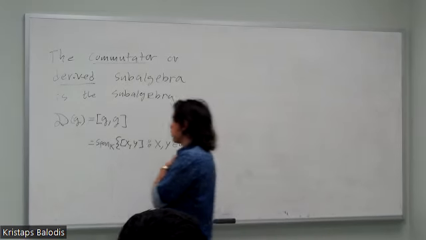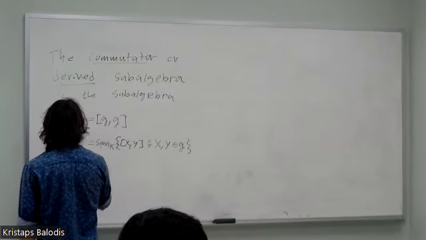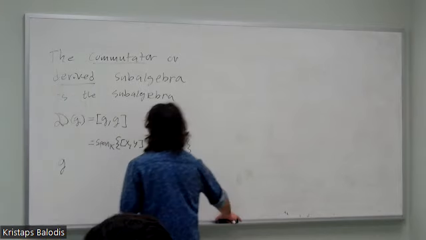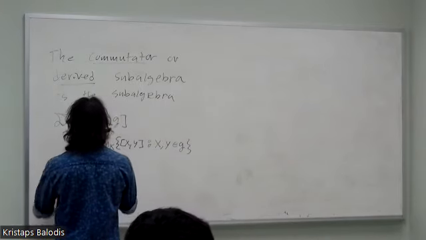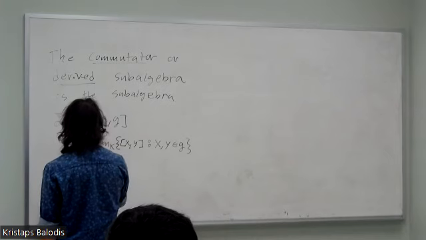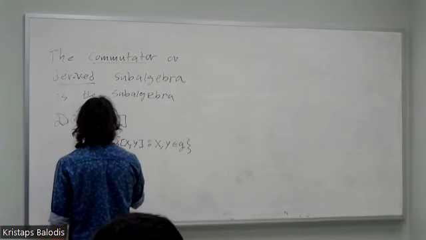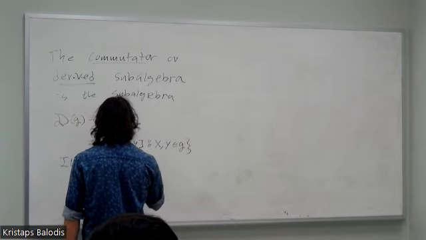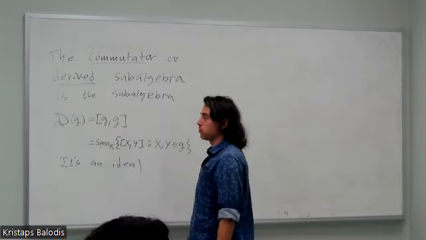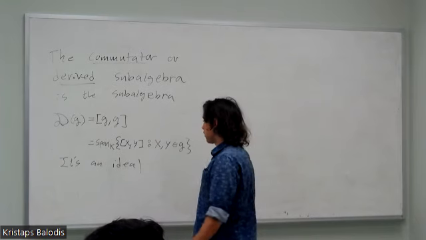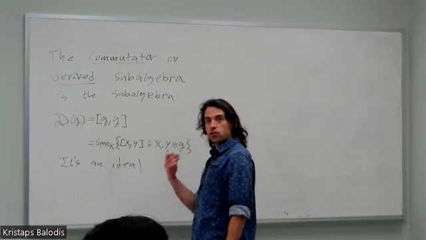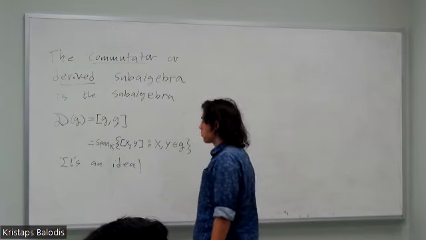And the point of this, right? The point of this is that G. So I claim that not only is this a Lie subalgebra, but it's an ideal. So again, I'm going to leave that for you to prove that this is an ideal. It's a good exercise in working around the brackets.